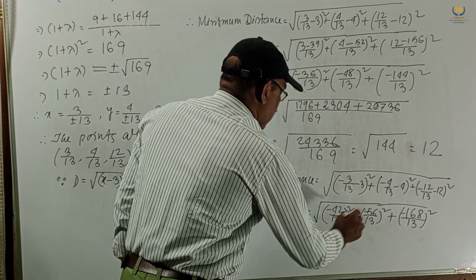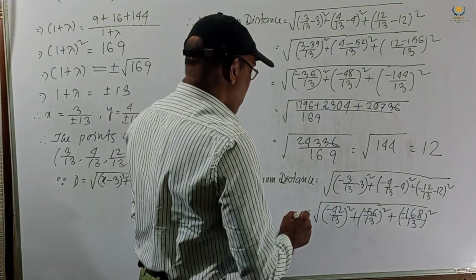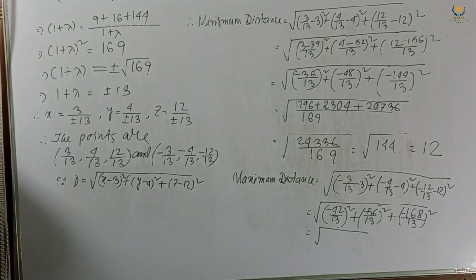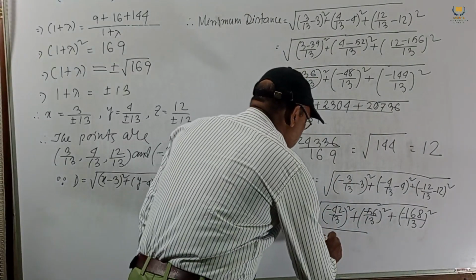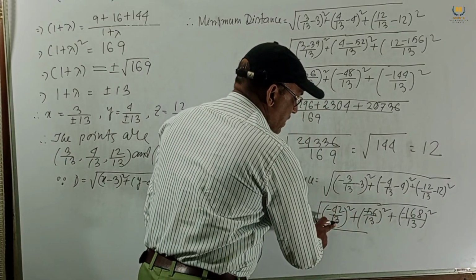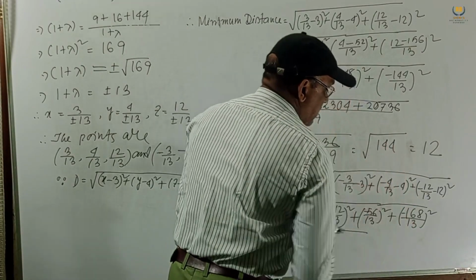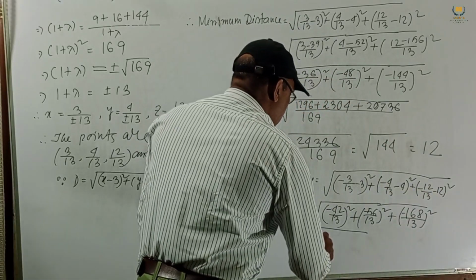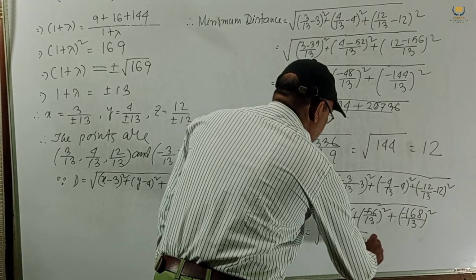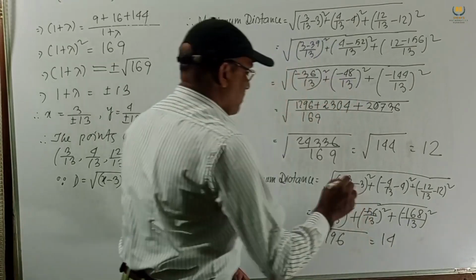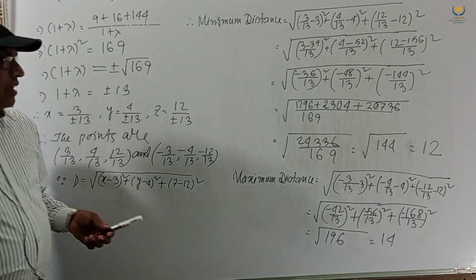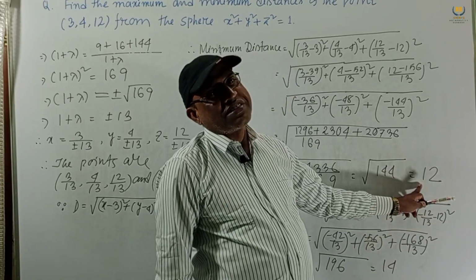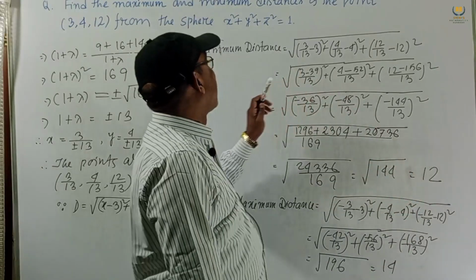If we calculate in this way, then after calculation we have root over, squaring this with 169 as LCM, ultimately 196 we get, and this will be 14. Therefore, maximum distance is 14 and minimum distance is 12. This is the required answer.